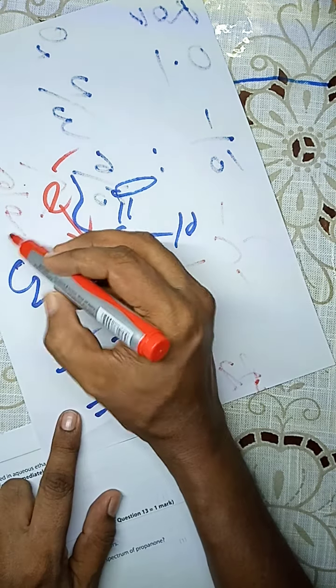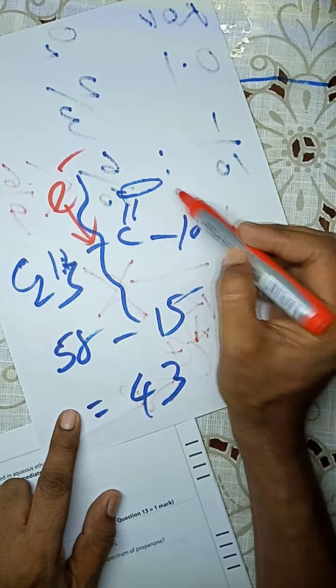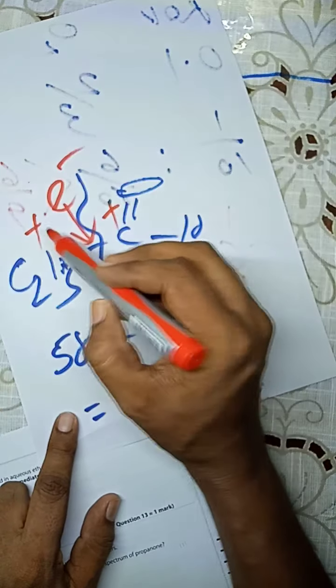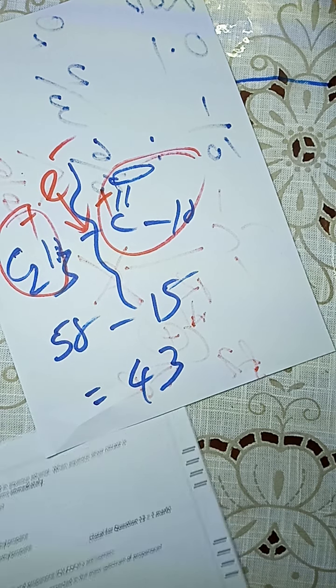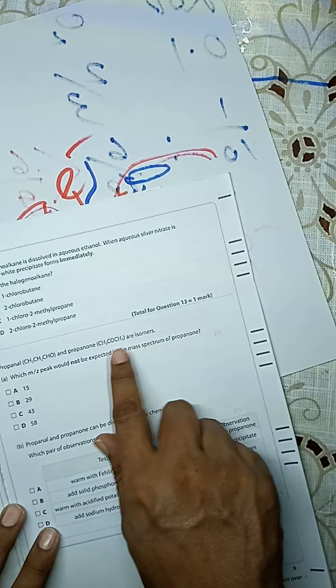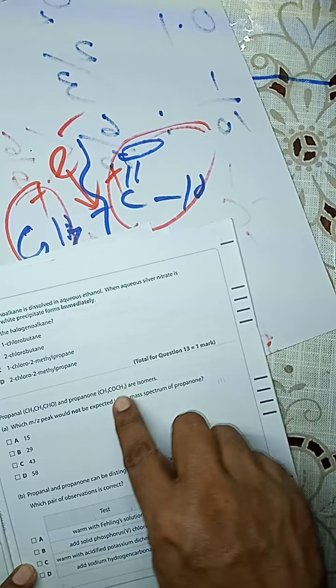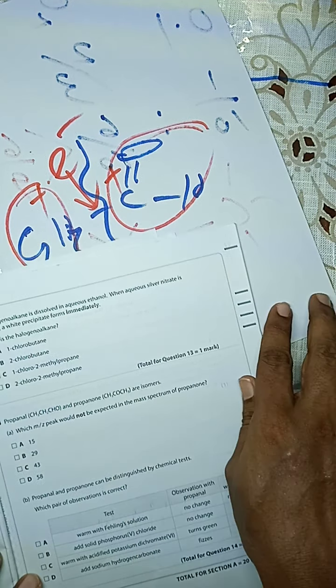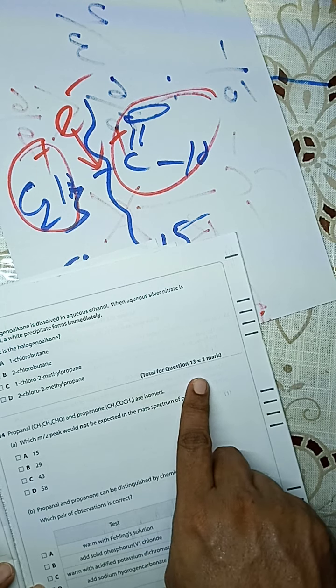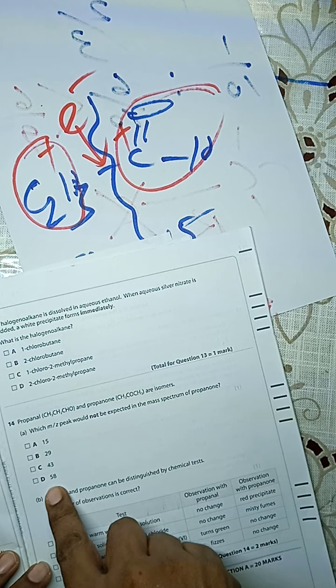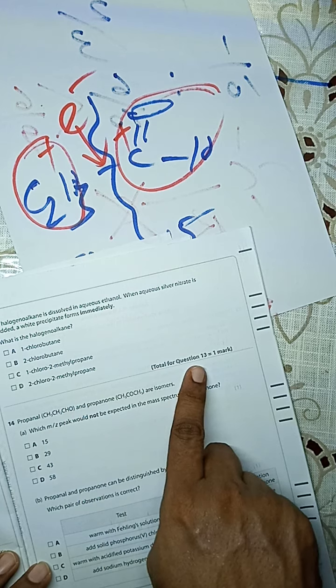Then either C2H5 plus or CHO plus will be responsible for the peak at 29. But propanone, the ketone, doesn't show a peak at 29. There is no stable chemical species that can be formed. Then 58 is the molecular ion peak, that is shown by both.